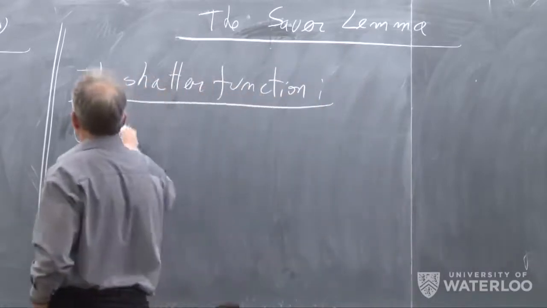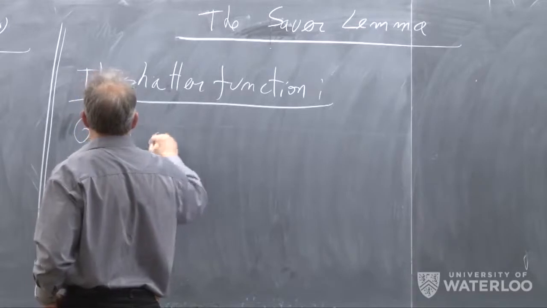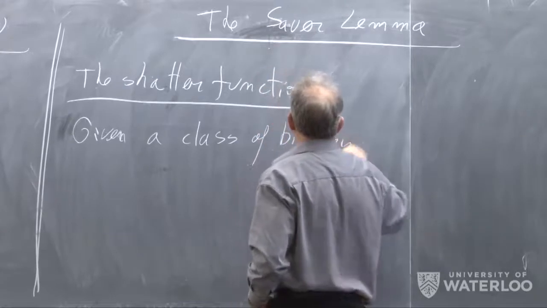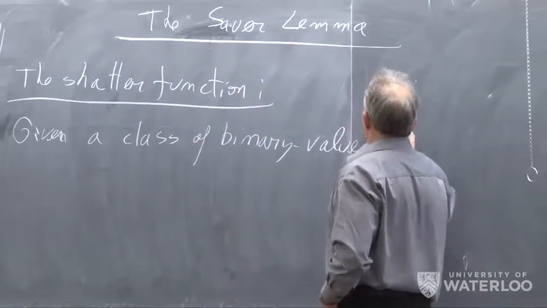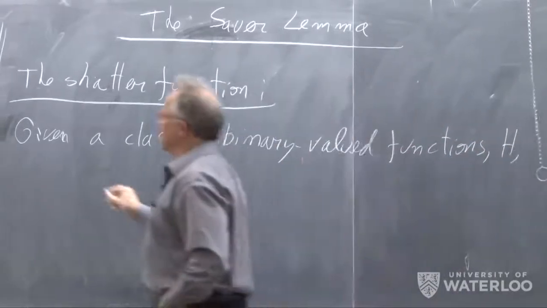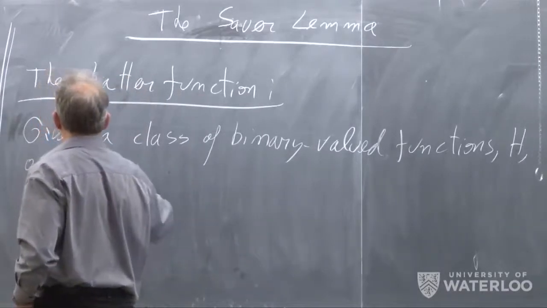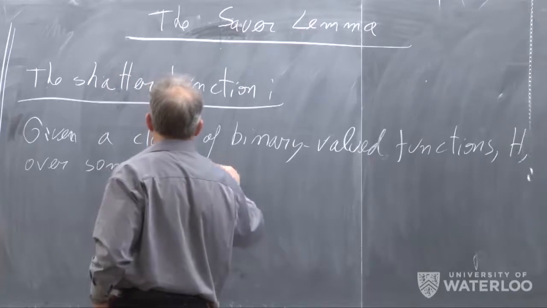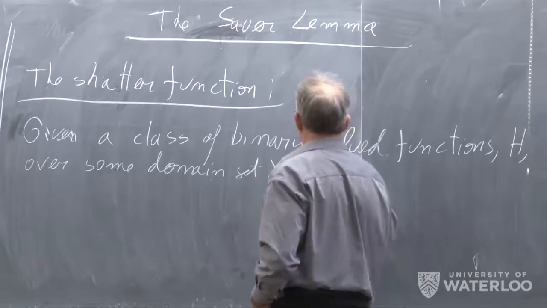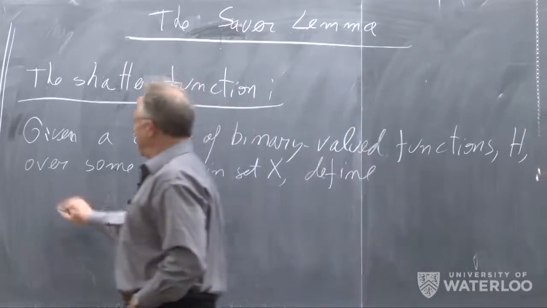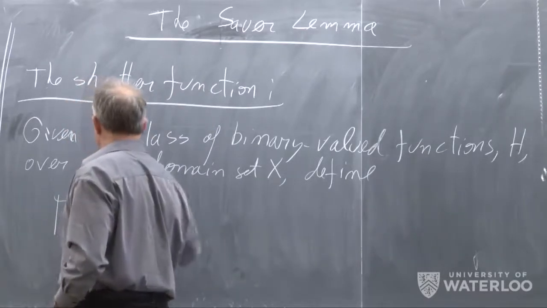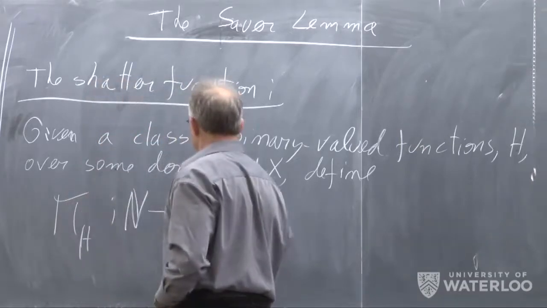Given a class of binary valued functions H over some domain set X, we define a function pi of H, and this is a function that goes from the natural numbers to the natural numbers.